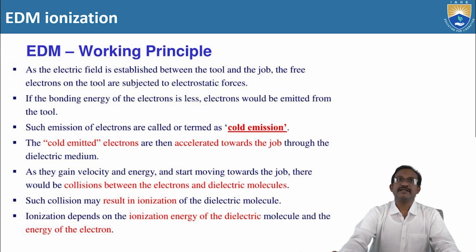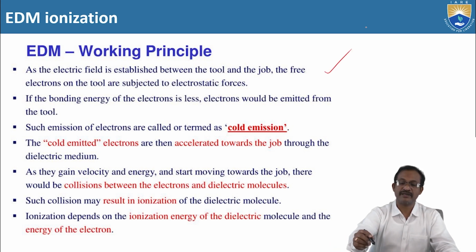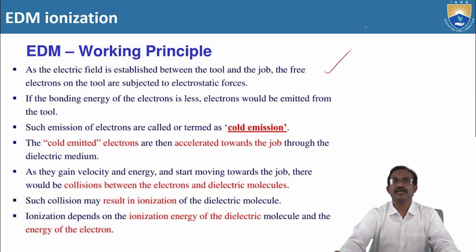As the electric field is established between the tool and the job, the free electrons on the tool are subjected to electrostatic forces. Already we have discussed that there must be a gap between tool and the workpiece.